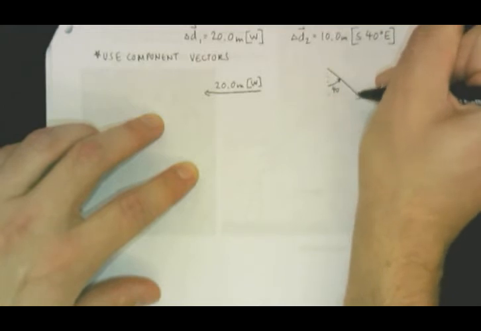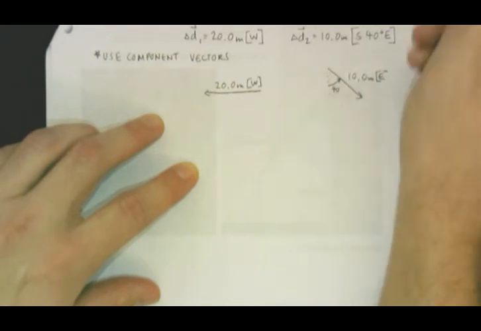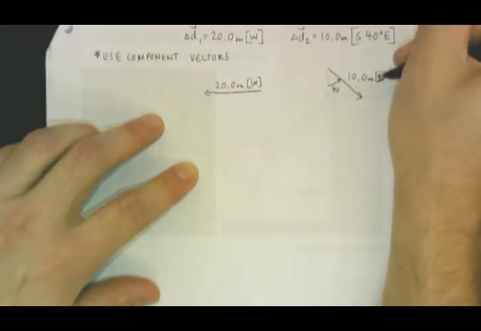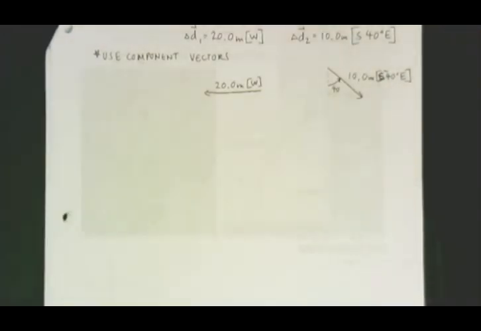So it looks like this. So we're going to have to break these two vectors up into their x and y components.